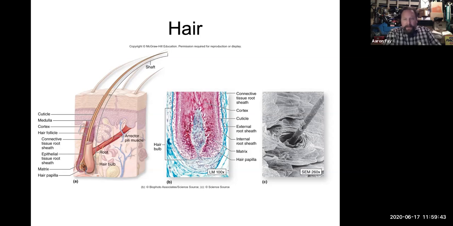Now, a little bit more invasive technique, tweezing or waxing, which is more or less the same thing. Basically what you're doing there is you're going to grab onto the shaft and rip out as much of the hair as you possibly can. That doesn't feel too good either because now you're starting to damage deeper structures in the skin. However, if you pluck your eyebrows or wax, how long does that last?